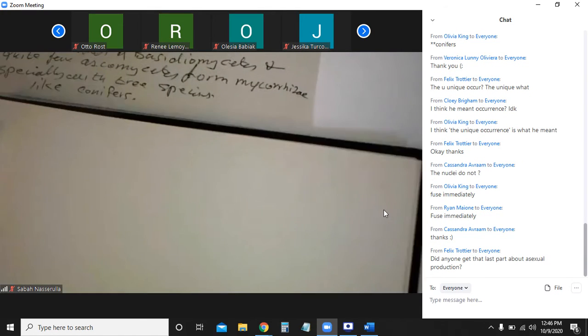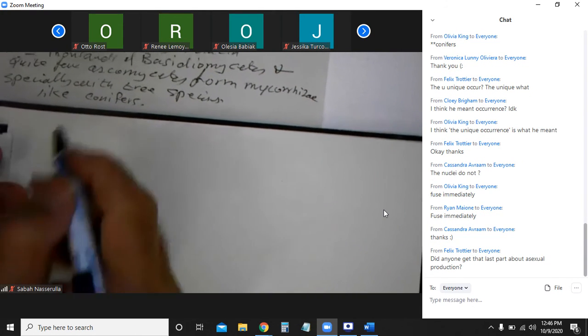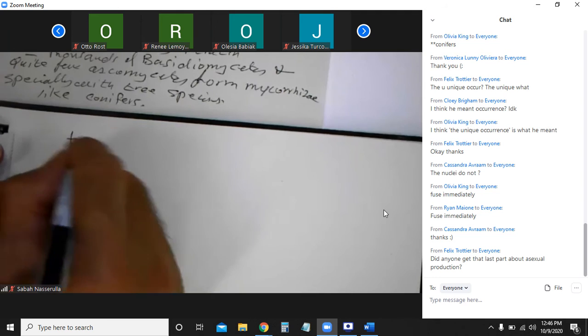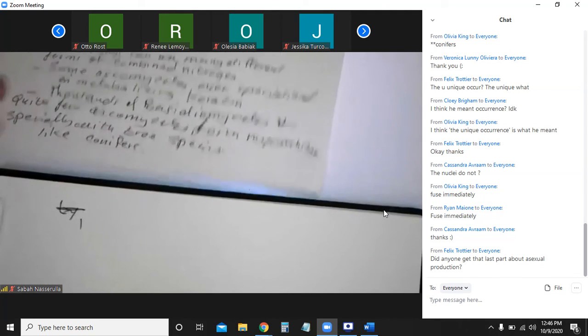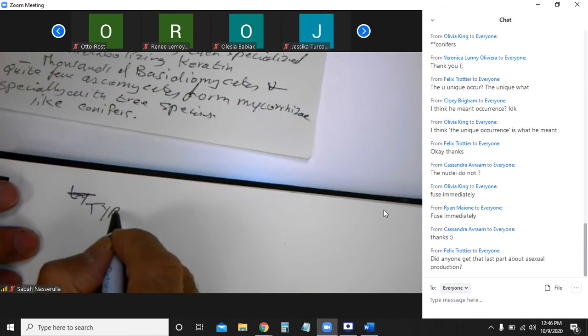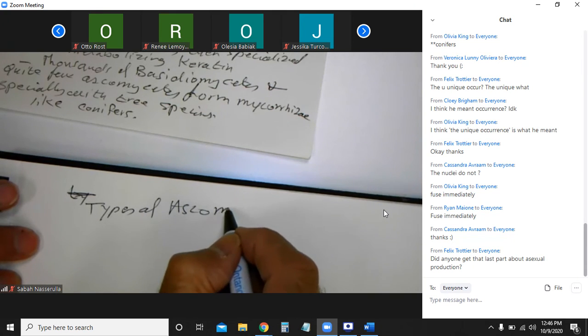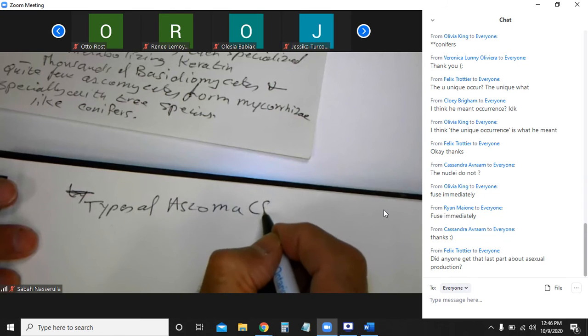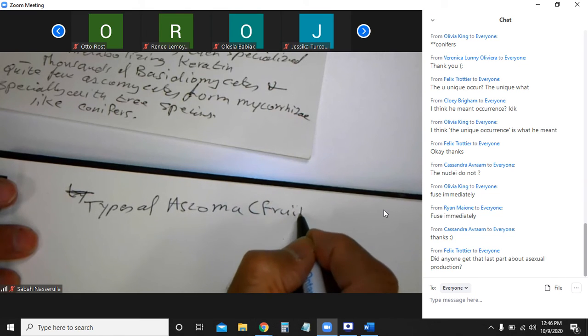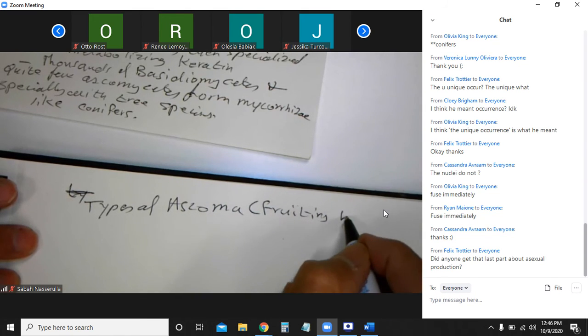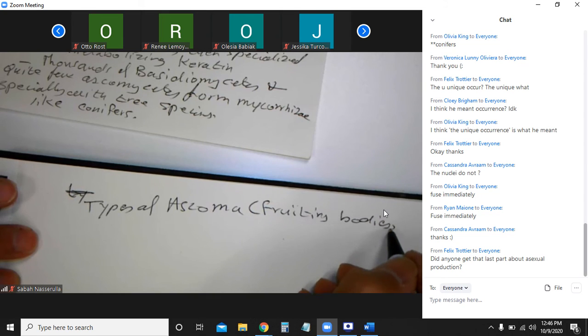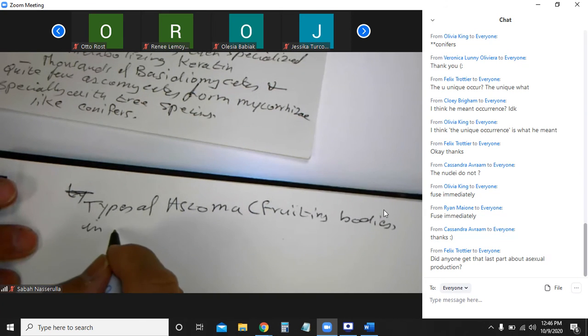Now, types of ascoma. These are the fruiting bodies.